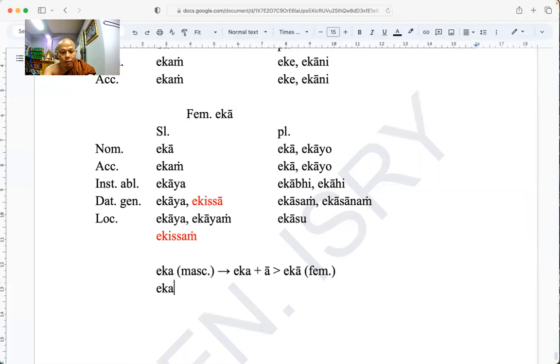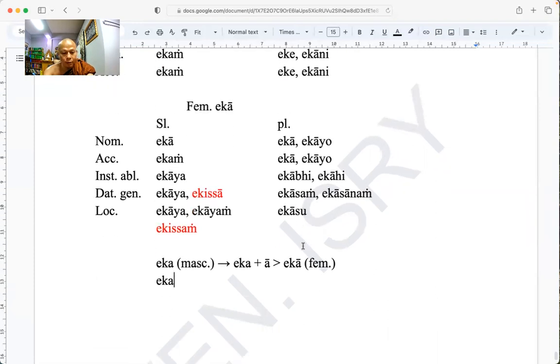This masculine eka is for the dative and the genitive singular, which is ekasa. To the eka, by adding the feminine gender sign a, we get ekasa. For the feminine, maybe irregularly, this a is changed to e.